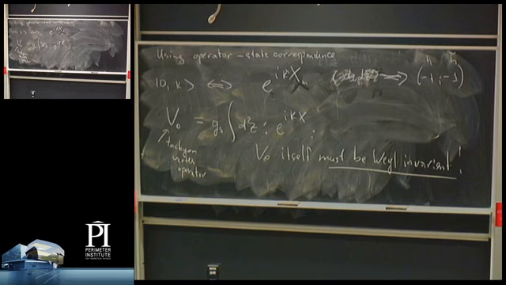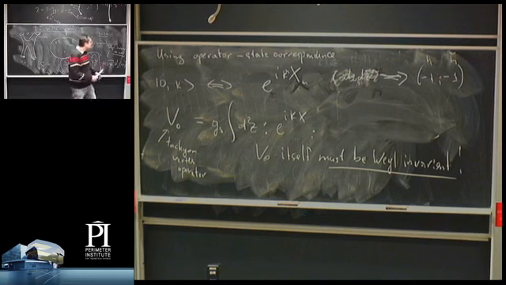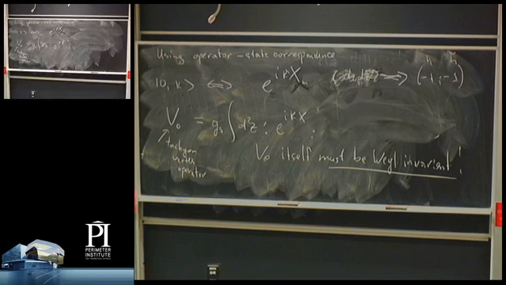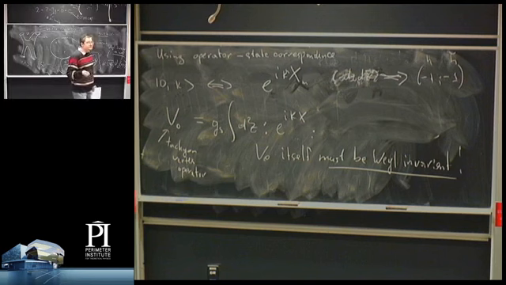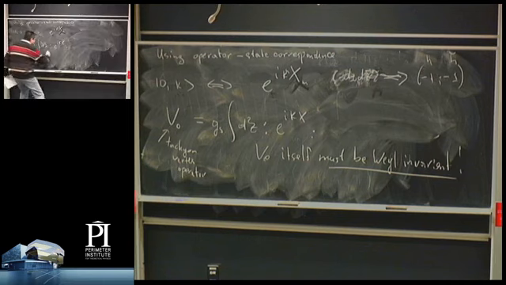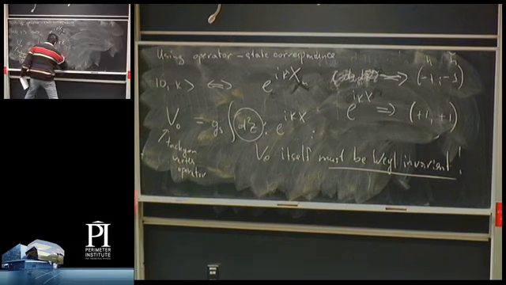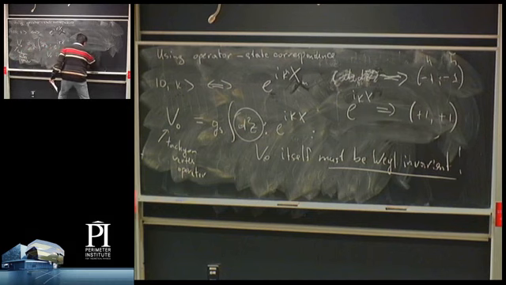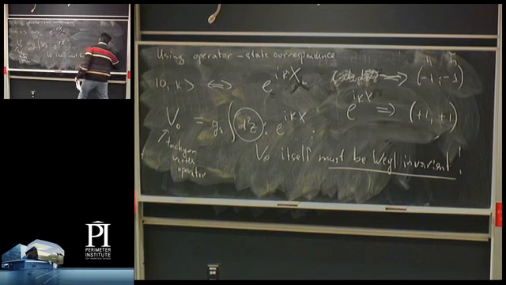Everything up to here is Weyl invariant. So in order for the scattering amplitude involving the tachyon vertex to be Weyl invariant, V naught itself must be Weyl invariant.